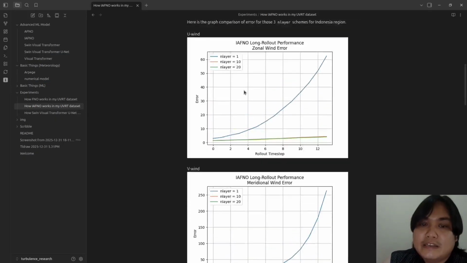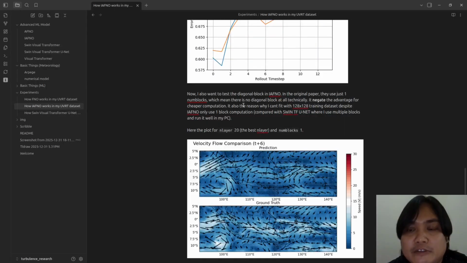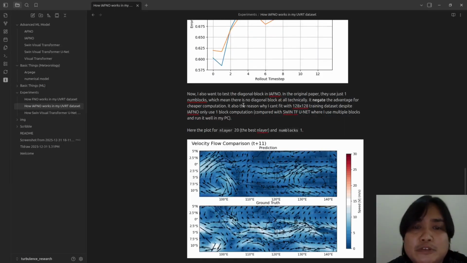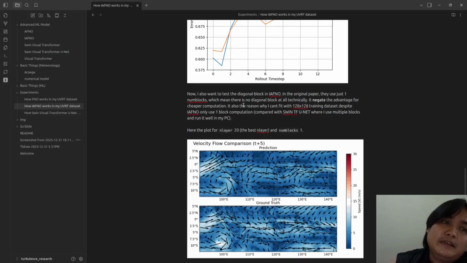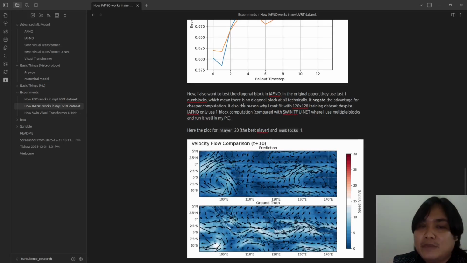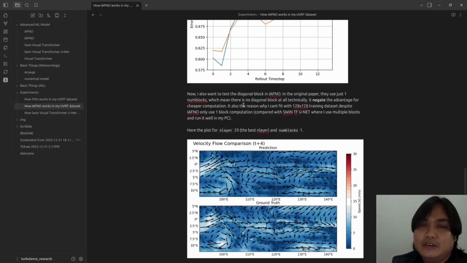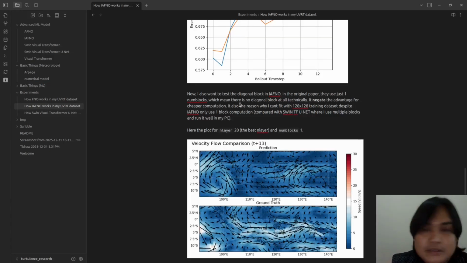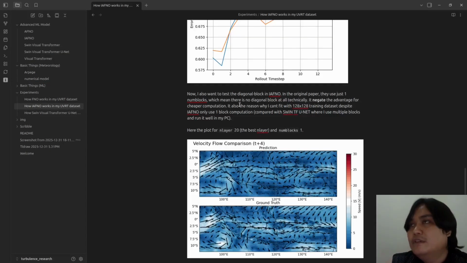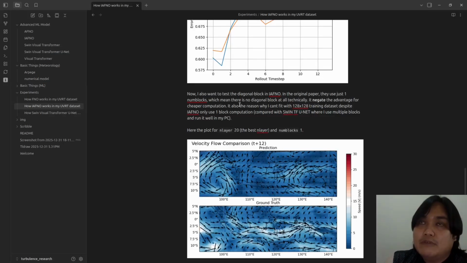And for my second experiment, I want to test if num blocks must really be just 1, or whether we can make num blocks 8 or 4, because in the original paper they are using an embedded dimension of 200.